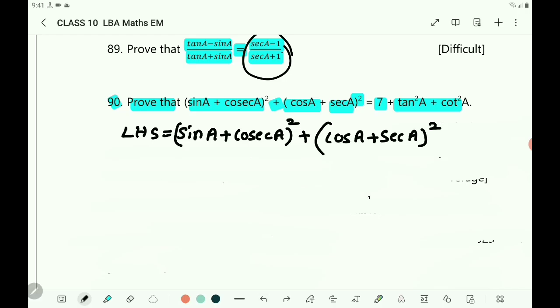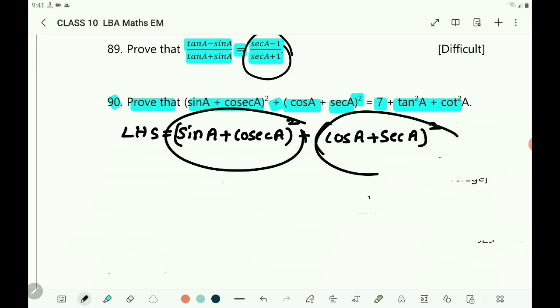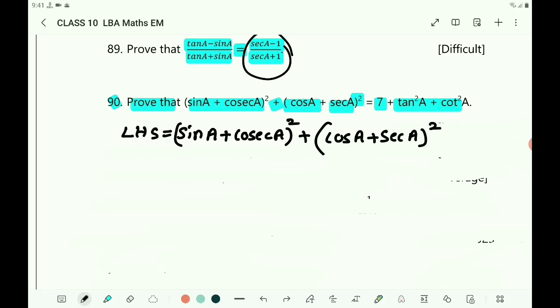expand both sin A plus cosec A whole square and cos A plus secant A whole square by using the identity A plus B the whole square equals A square plus 2AB plus B square. Here A is sin A, so A square is sin square A. You write sin square A plus 2AB is 2 into sin A into cosec A plus B square.